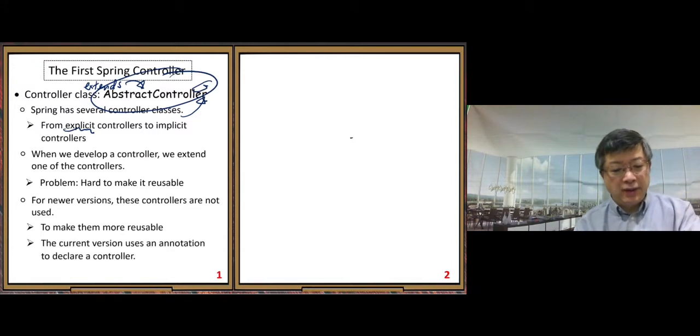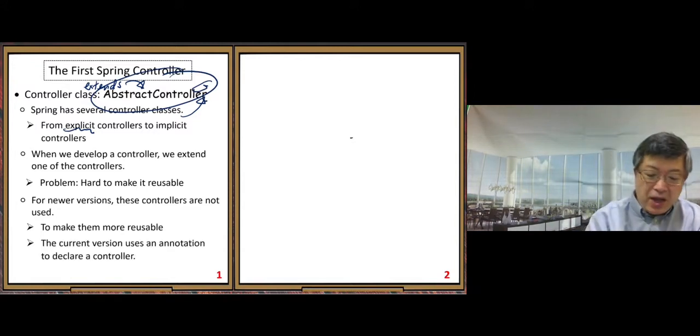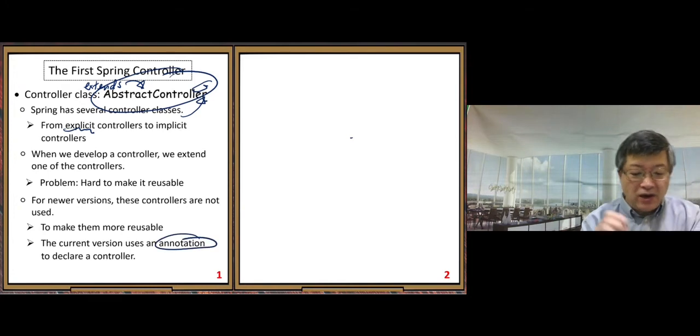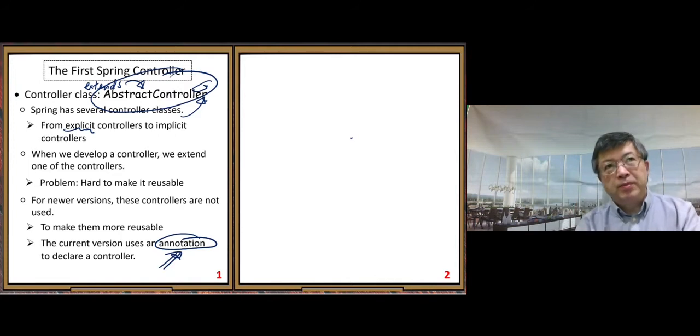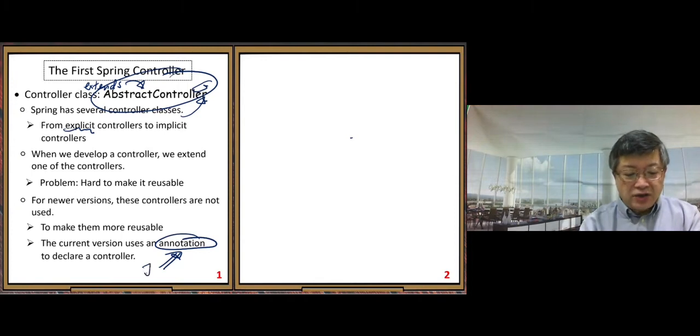The current version uses an annotation to declare a controller. This is a big improvement: Java annotation technology. This is a big step.